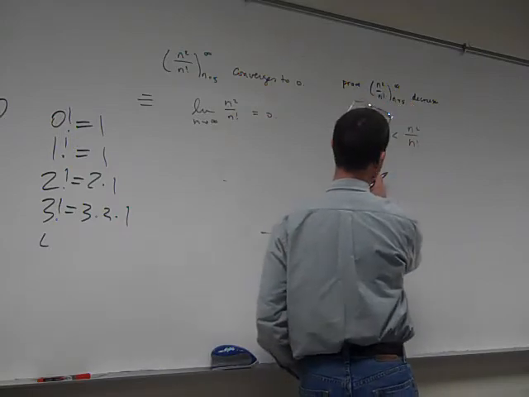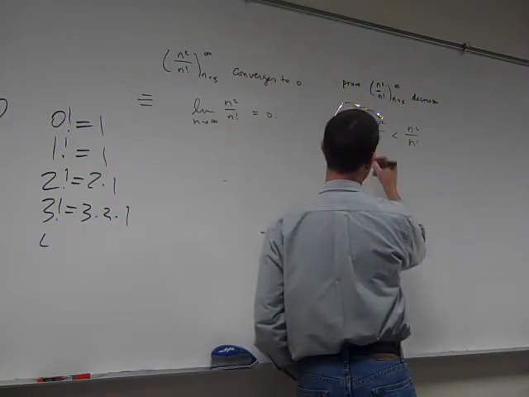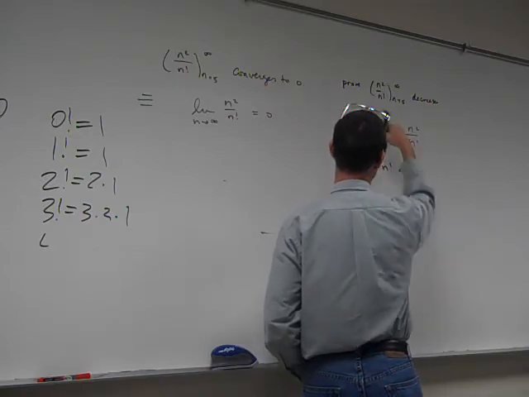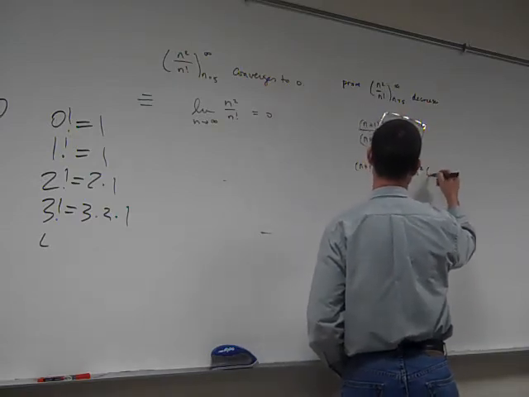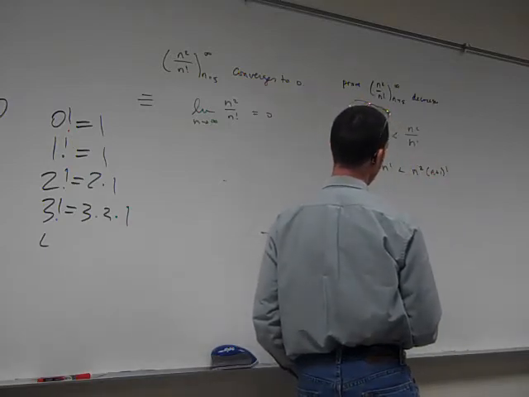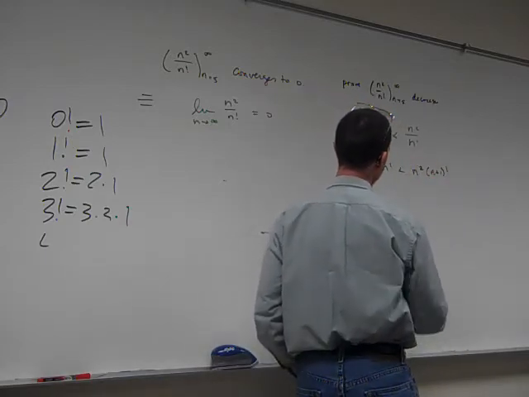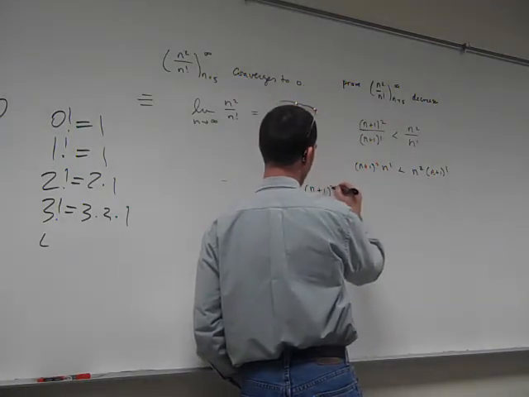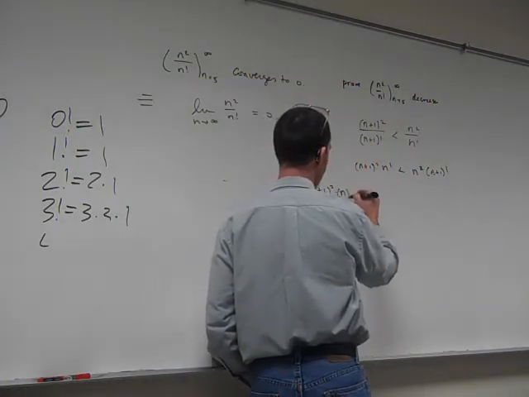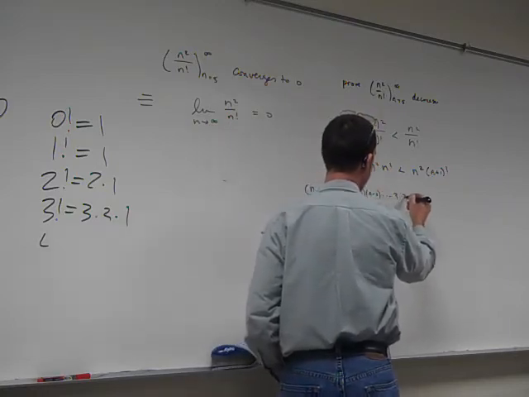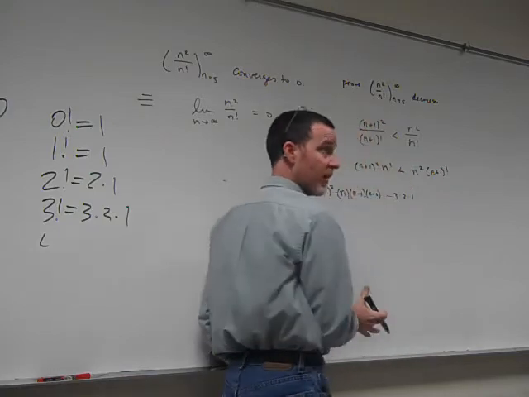So let's just do it. n plus 1 squared times n factorial, multiplying across, n squared times n plus 1 factorial. The n factorial is n times n minus 1 times n minus 2, all the way down to 3 times 2 times 1.